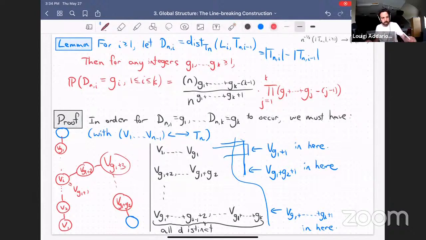Okay, so let's call this event, the event that all of the things written in black are distinct, A. Okay, so that's just one event. A bunch of things should be distinct. And then on the right-hand side, we have k different events. Let's call them B1, B2, up to BK. All right, and I'll let B be the intersection of the Bi.